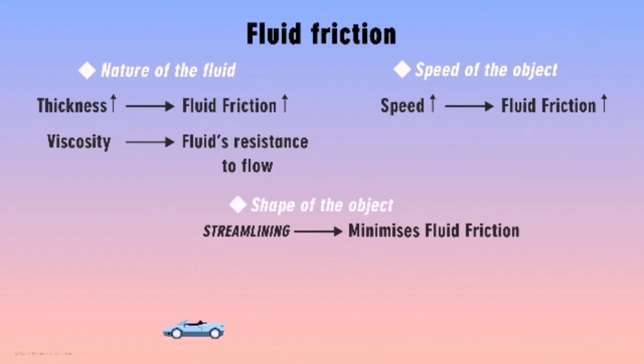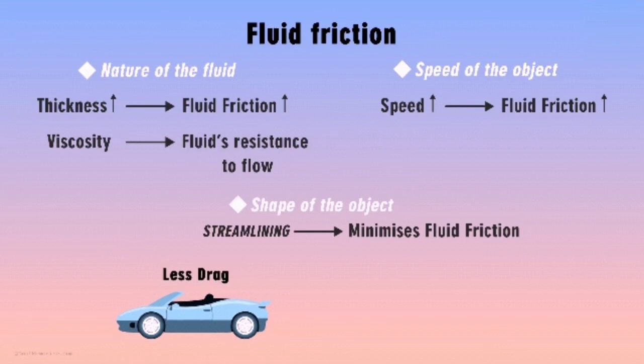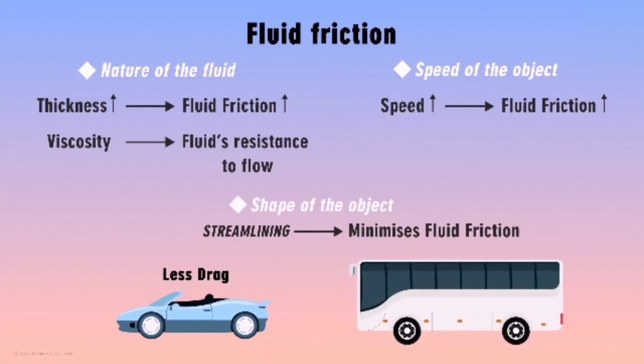A car faces lesser friction from air as it has a streamlined shape. A bus, on the other hand, will face more air friction as it doesn't have a streamlined shape.